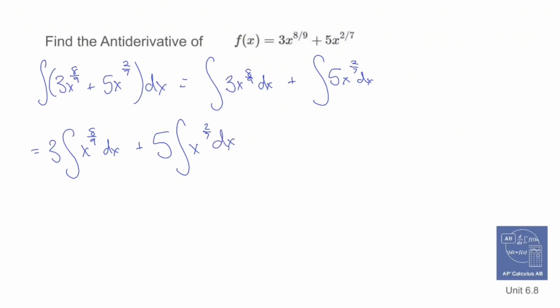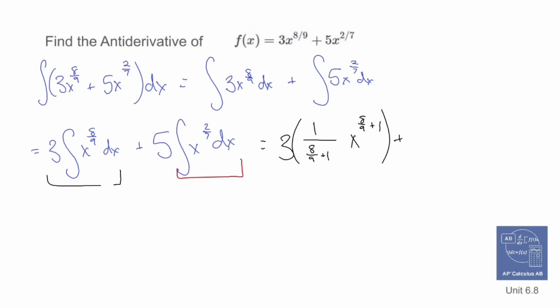So this is the rule, okay? For this one, leave 3 there, right? Do 1 over your exponent plus 1, so 8 ninths plus 1, and then x to the 8 ninths plus 1. We're going to do the same thing here. Let 5 linger, and maybe I should put this in parentheses because that just looks sloppy.